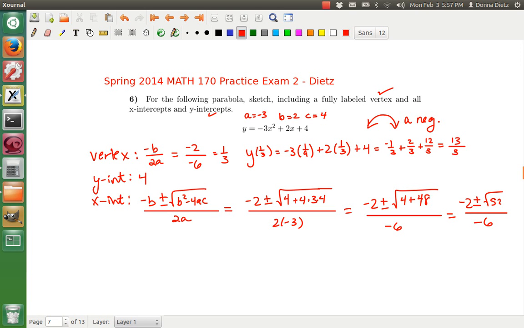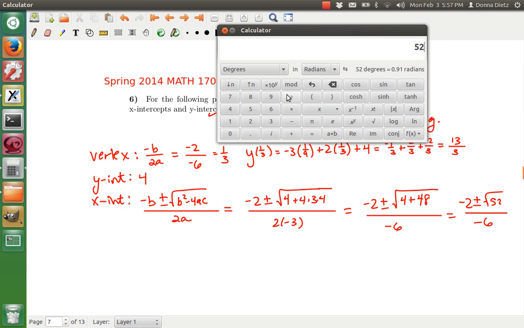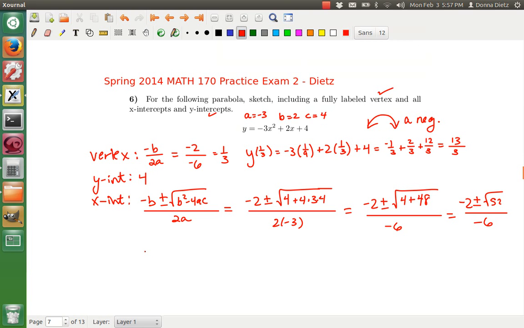Okay, so if we can divide it by 4, then we can bring a 2 out. So let's try dividing by 4 at least and see if we can get a 2 out. That's good. So plus or minus 2 square root of 13. That'll clean stuff up somewhat. -1 plus or minus square root of 13 over -3.